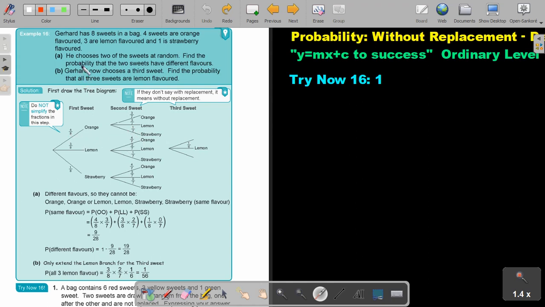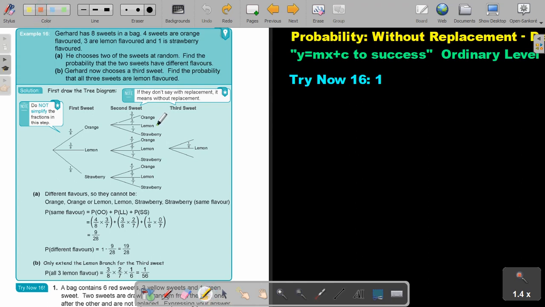So we choose 2 of the sweets at random. Find the probability that the 2 sweets have different flavors. Now, different flavors can be either of these, and there's quite a lot.